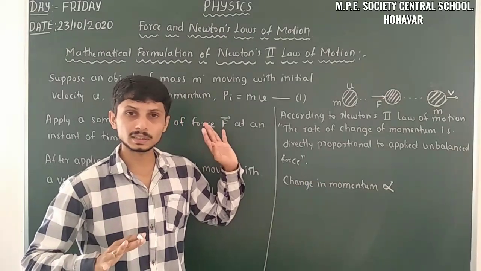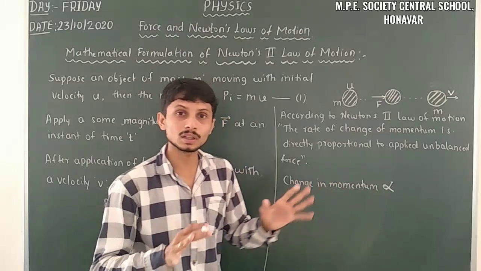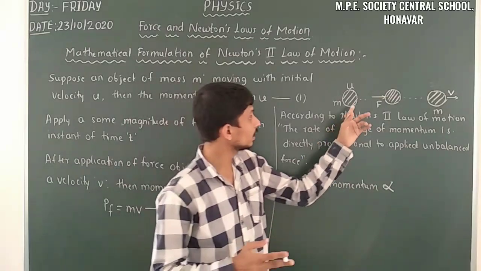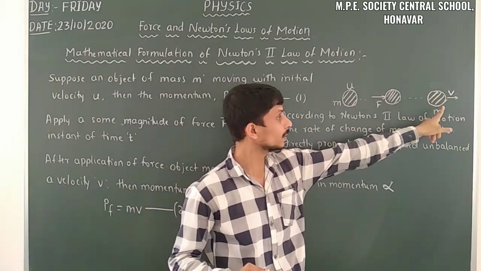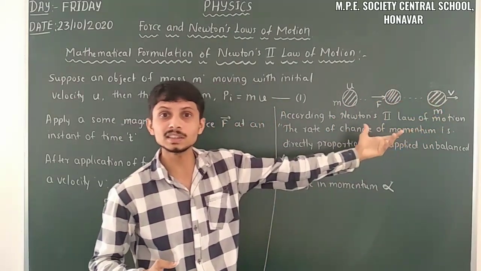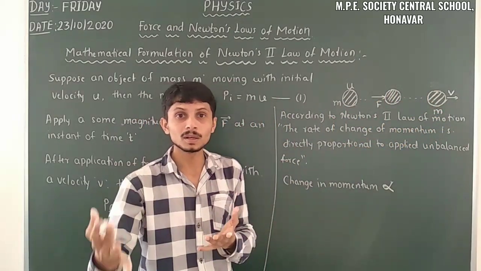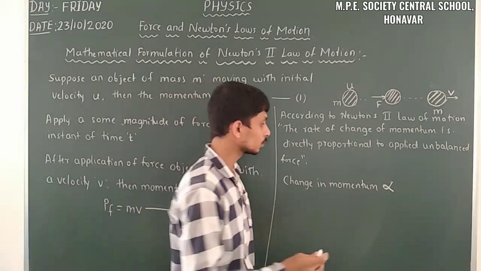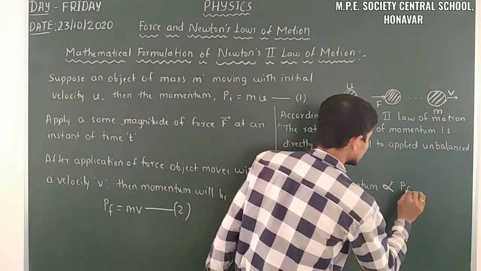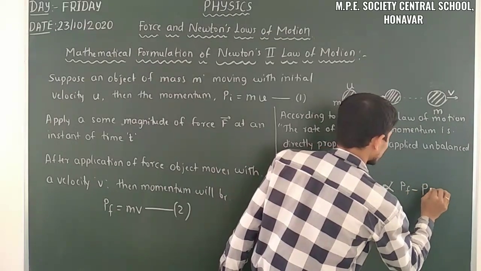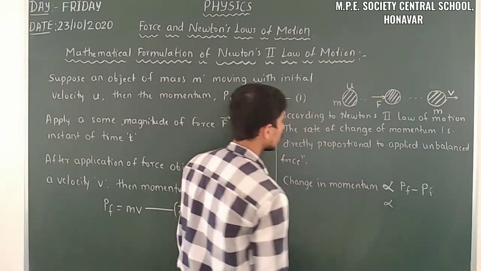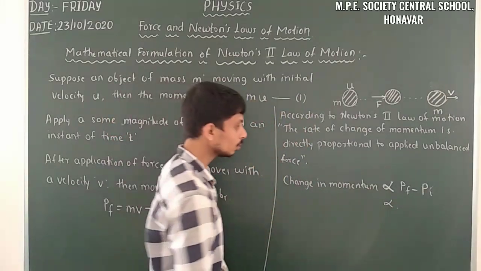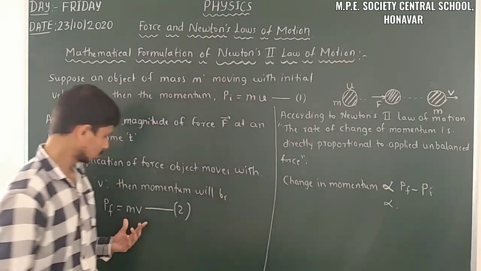So let us take that one. The change in momentum: initially it is Pi, after that it becomes Pf. So what is the change here? We have to subtract Pi from Pf, so the change in momentum is Pf minus Pi. Then substitute the two values, Pi is equal to mu and Pf is equal to mv.